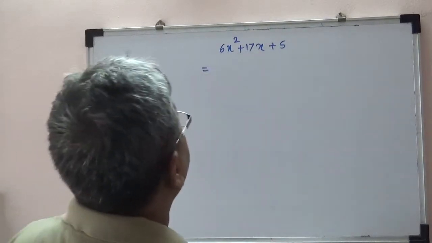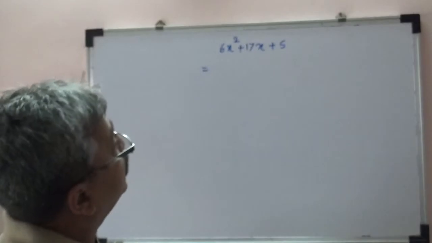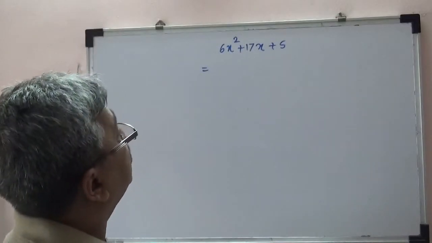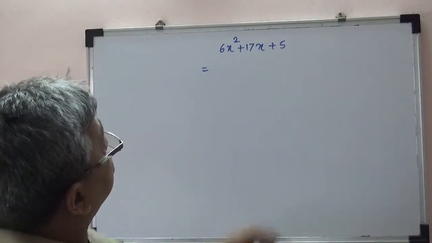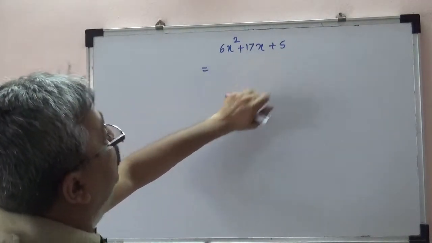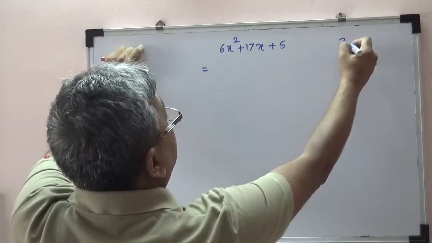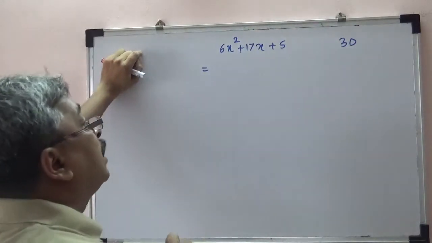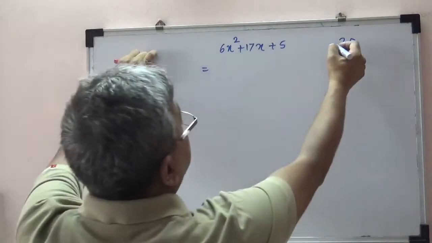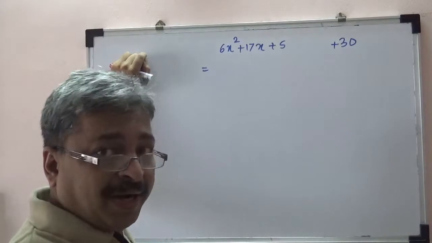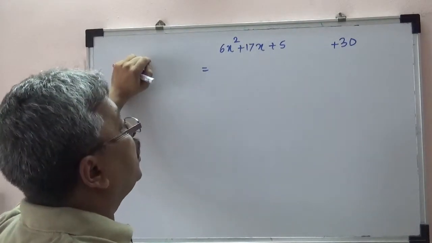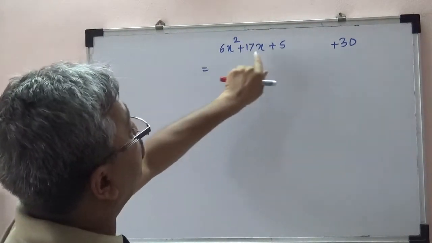We need to factorize this. Here, as we learned in the last lecture, we multiply 6 by 5, which is 30, and it is plus 30. So can I find two factors of 30 which add up to 17?